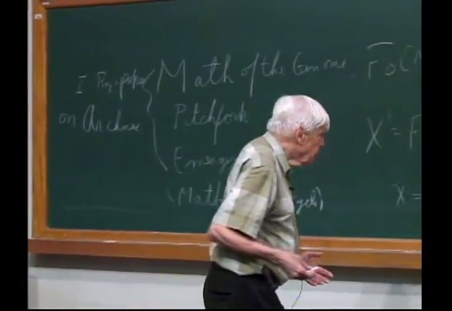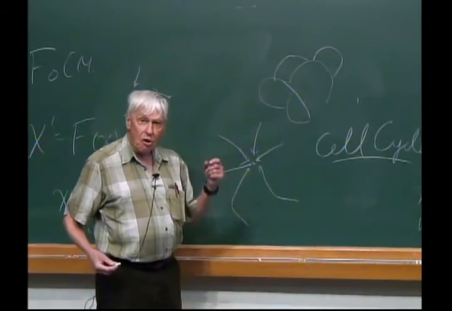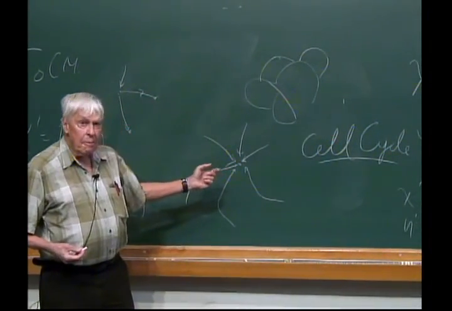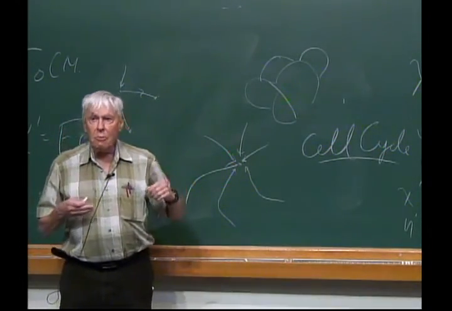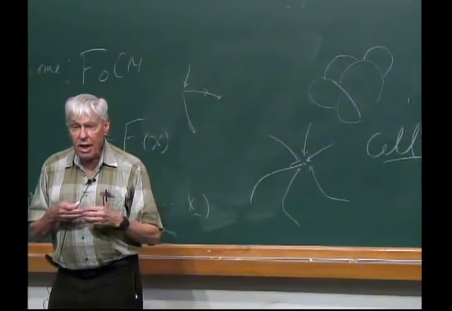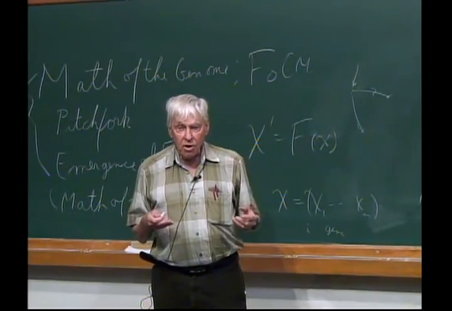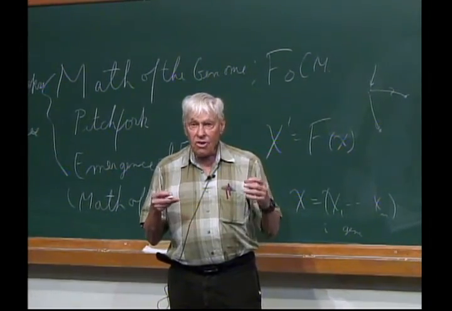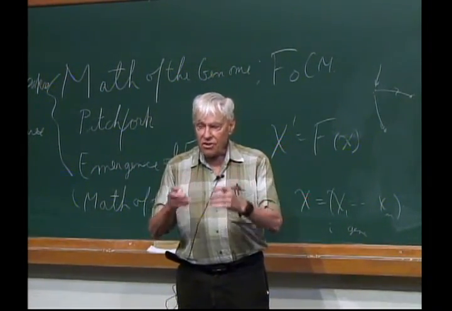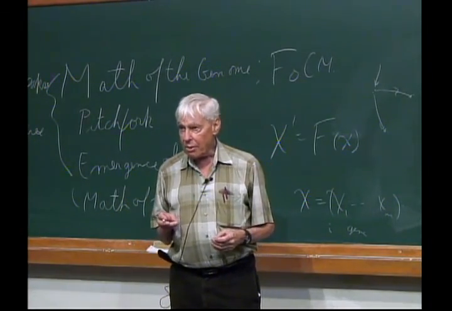And for that, we use the Pitchfork bifurcation. Because the Pitchfork bifurcation, as I've said, corresponds to how the equilibria go from one stable to two stable. That would correspond, in our picture, to cell division in a cell cycle where you start off with one cell and you get two daughter cells, each with their own stable equilibria.